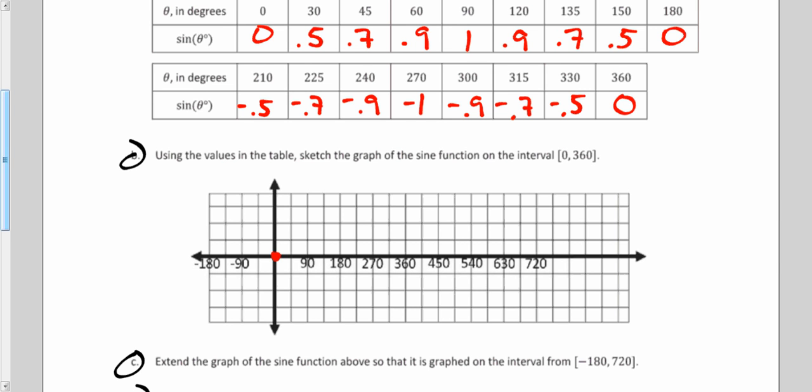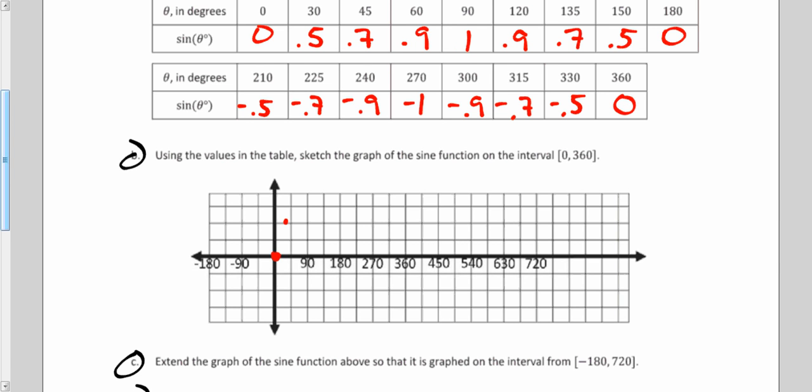So when theta is 30, what's this line right here? 45. Thank you, Nick. So 30 is a little bit on this side of 45. And when theta equals 30 degrees, my sine is 0.5. Let's call that 0.5, which means this is what? 1. Okay.